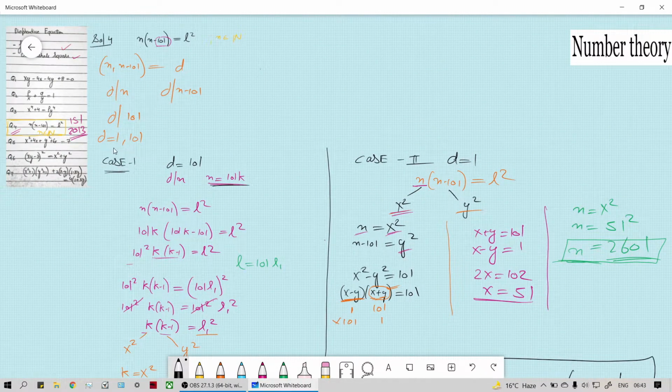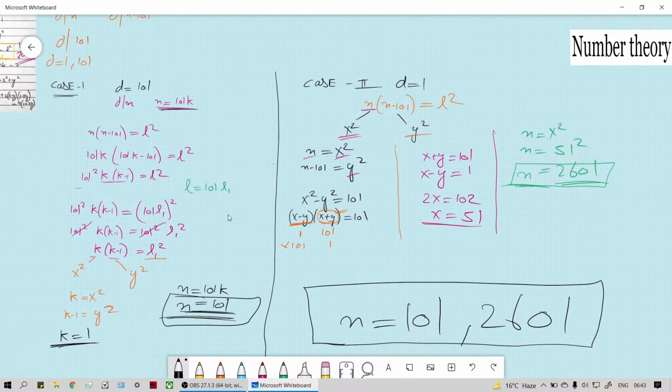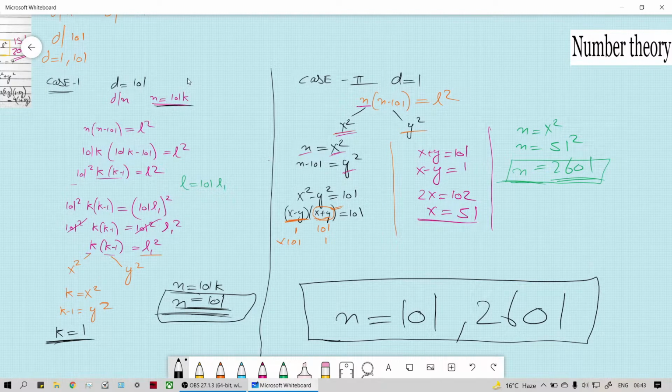We got that the GCD can be 1 or 101. Then we looked at these two cases separately. When d is 101, we did the calculation and got n as 101, and in case 2, when d was 1, we did our calculation and it turned out to be 2601. So from these two cases we have these two solutions.